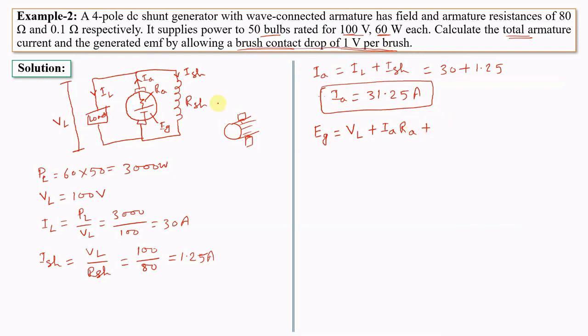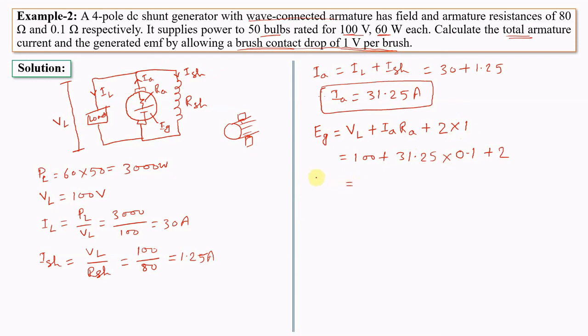As it is a wave connected armature, there will be two brushes, and the voltage drop in each brush is 1 volt. So the total brush contact drop is considered as 2 into 1. So VL is 100, armature current is 31.25, armature winding resistance is given as 0.1, and the brush contact drop is 2 volt.